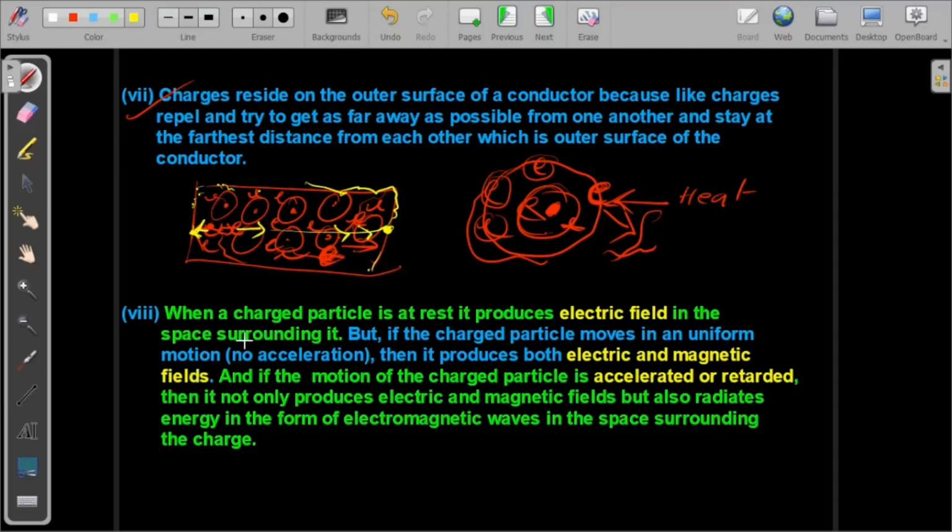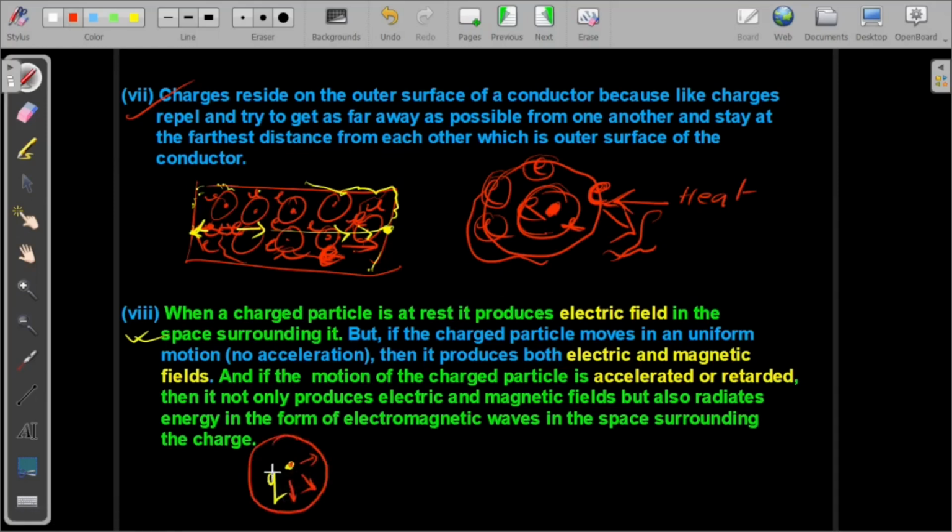Understood? Keep in mind. And this one: when a charged particle is at rest, it produces an electric field. That means if a charge is at rest, it will produce an electric field around it, only an electric field.